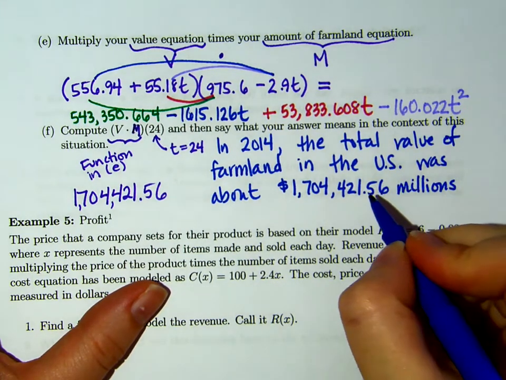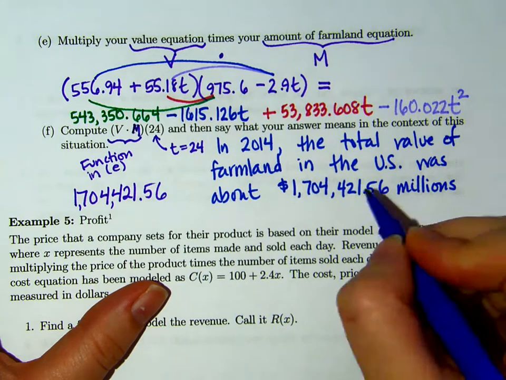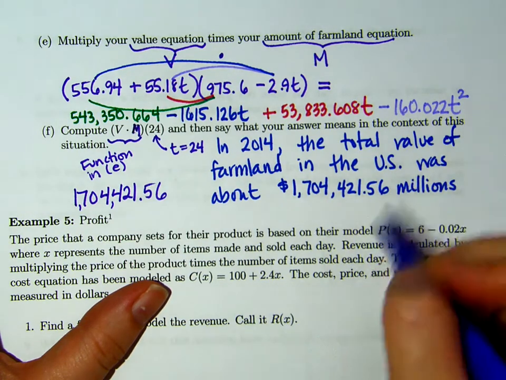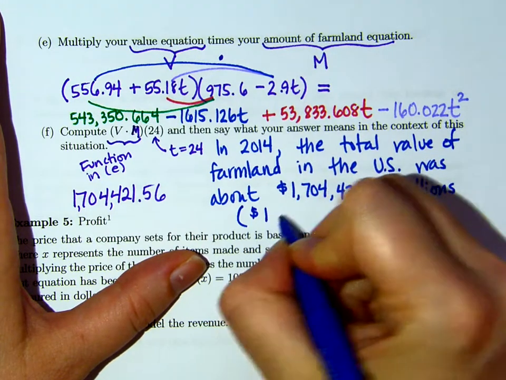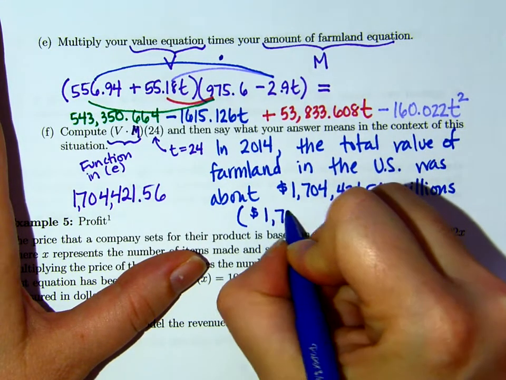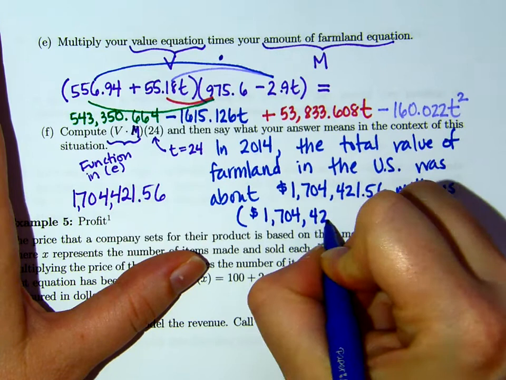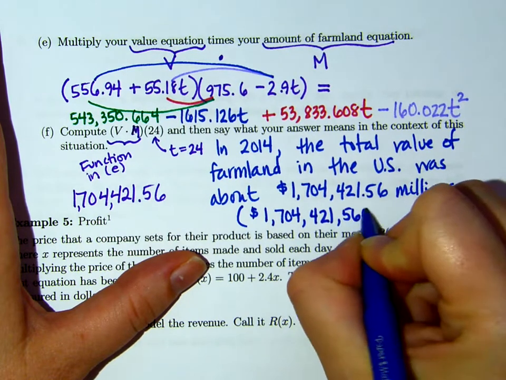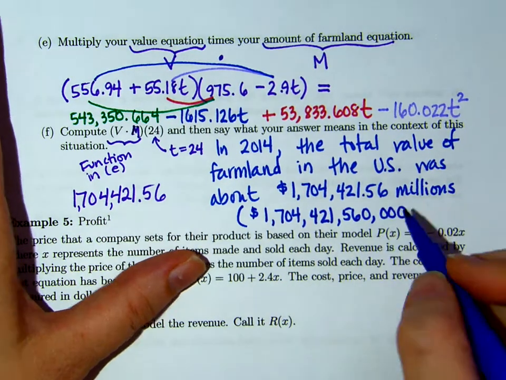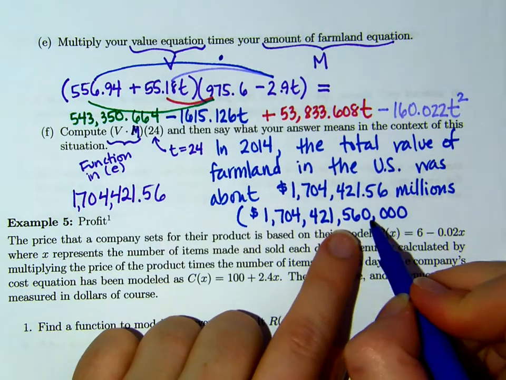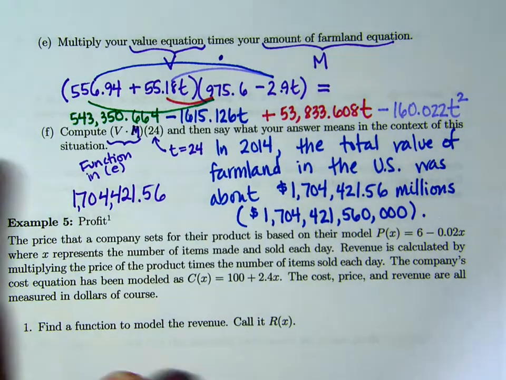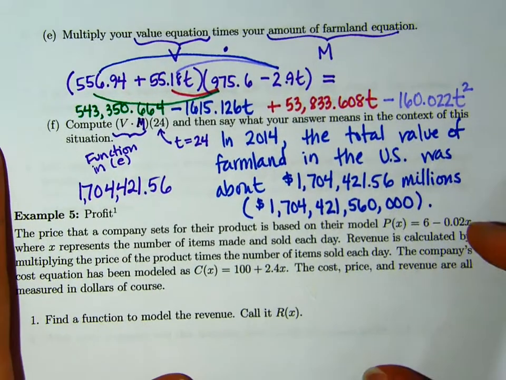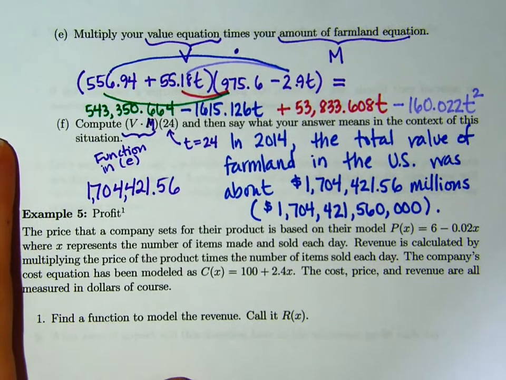So tack on 6 sets of zeros, move this decimal 6 times. 1, 2, 3, 4, 5, 6. That is the total value of the worth of the farmland in the United States, 2014.